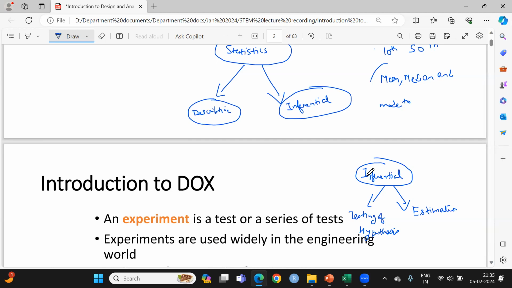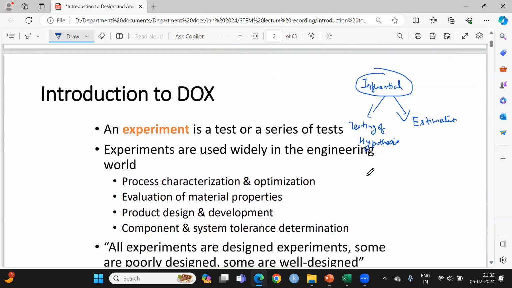The first way is that you can make an estimate. That means whatever information we have from the sample, let us suppose I want to derive the mean from the sample observations, I can say that this sample mean can represent the mean for the whole population.